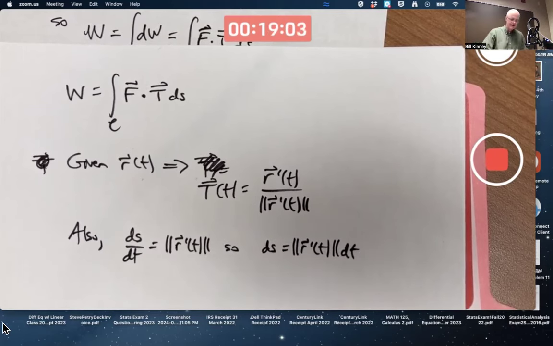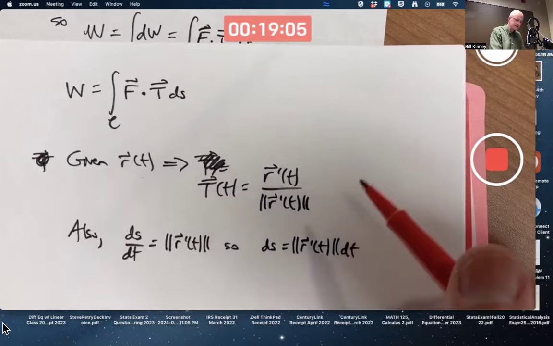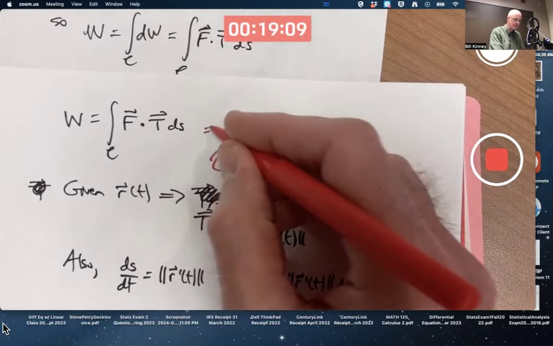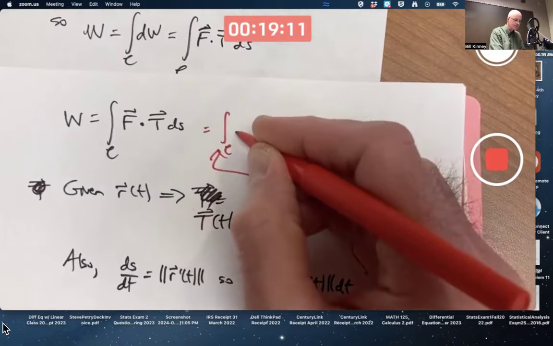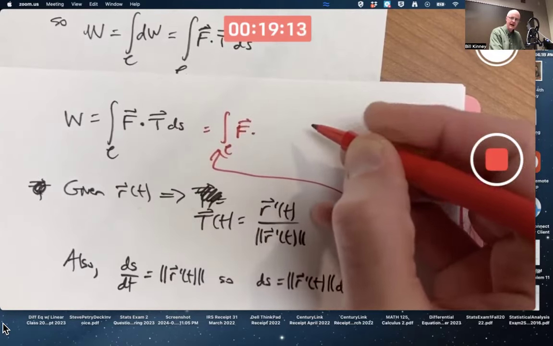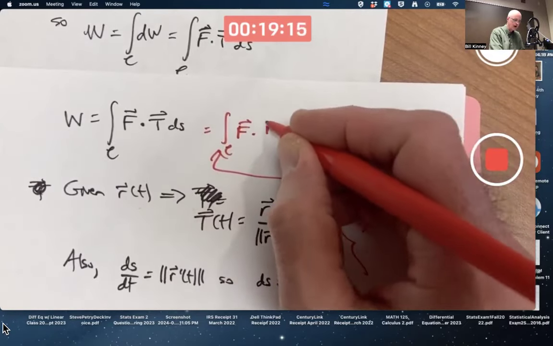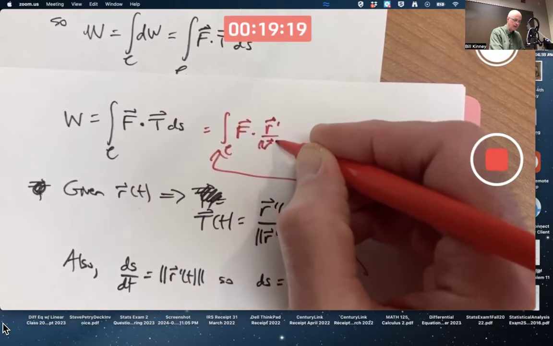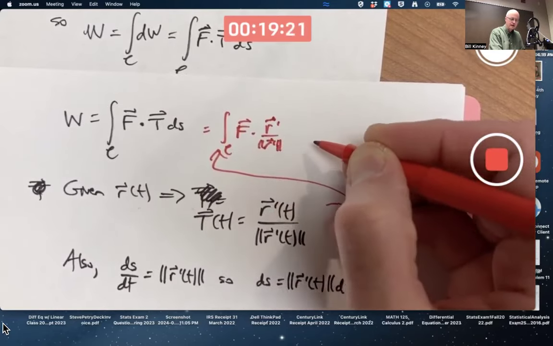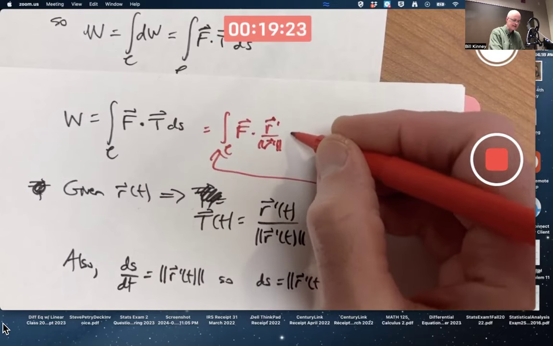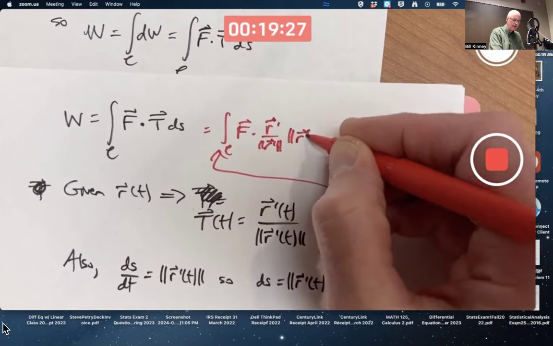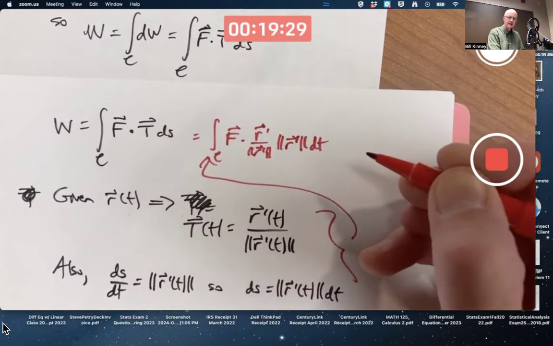So using these ideas, we can make some replacements and rewrite this integral by replacing capital T with r prime over the length of r prime. I'm suppressing the little t's, times the length of r prime dt.